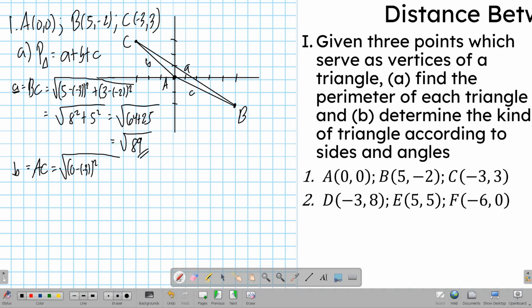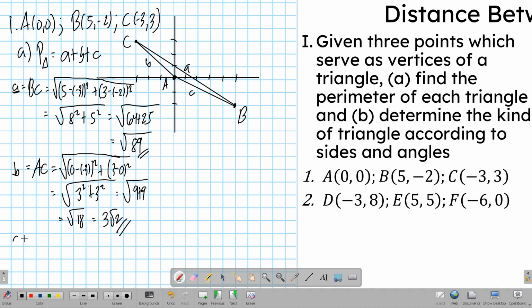That's the abscissas. Plus, for the ordinates, 3 minus 0 squared. Therefore, that's 3 squared plus 3 squared, which would be equal to 9 plus 9, which is equal to the square root of 18, which will be 3 square root of 2.